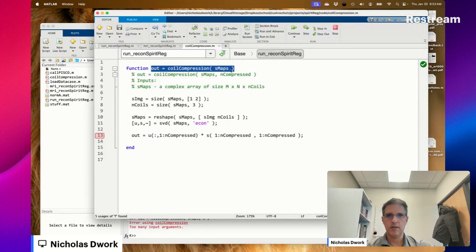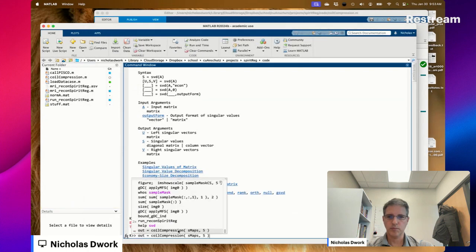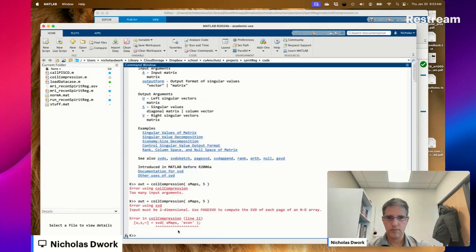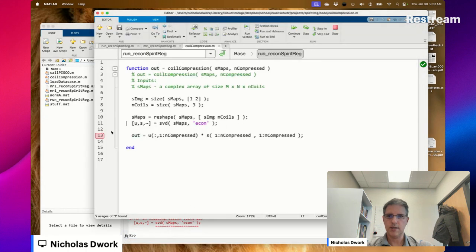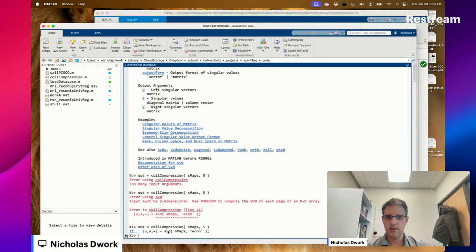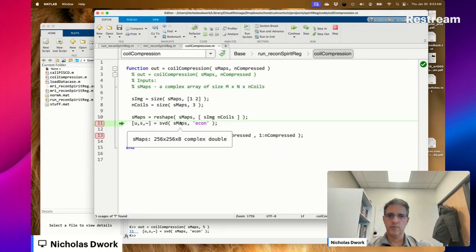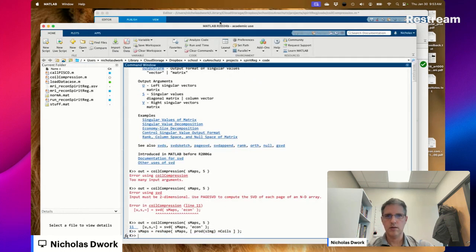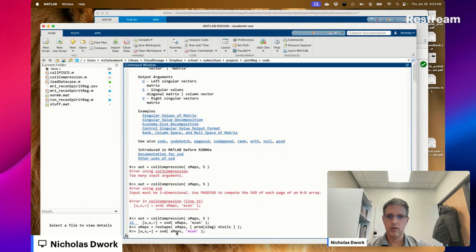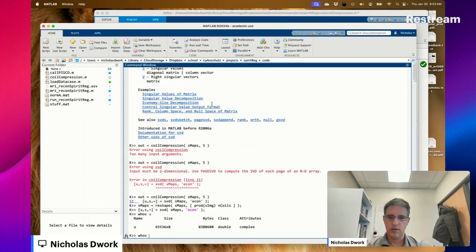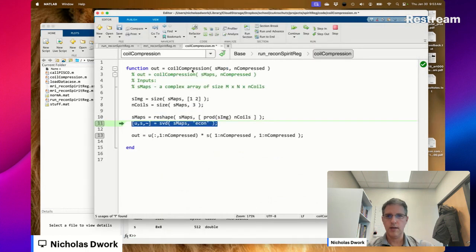Too many input arguments. Input must be two-dimensional. What is it? Oh. Okay.